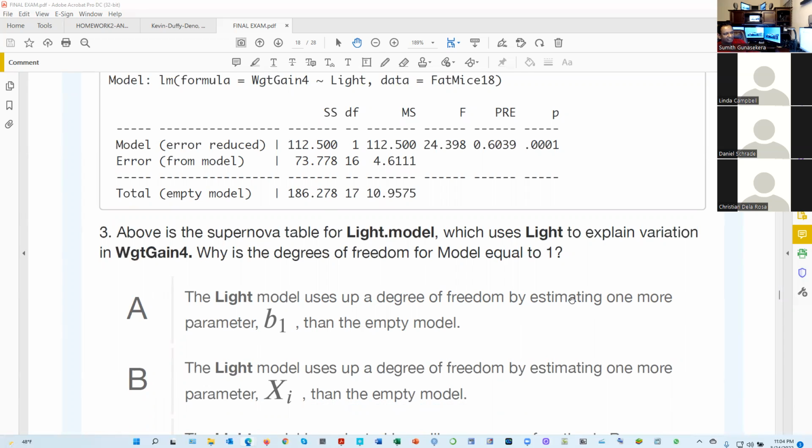So what is this? How many regressor variables, how many x variables do you have here? Only one variable. In the empty model, how many parameters do you have?